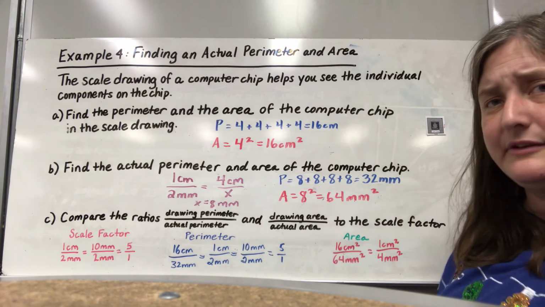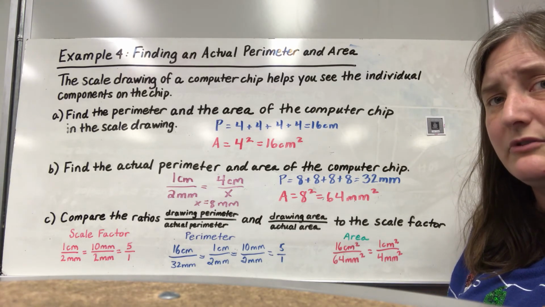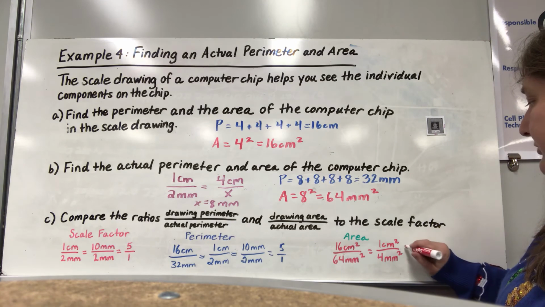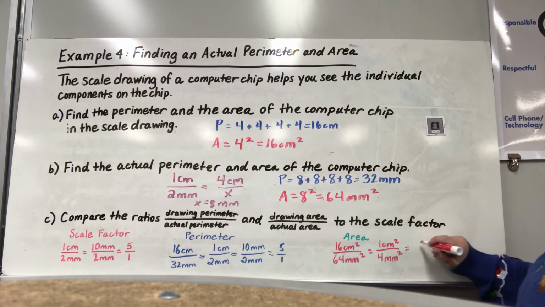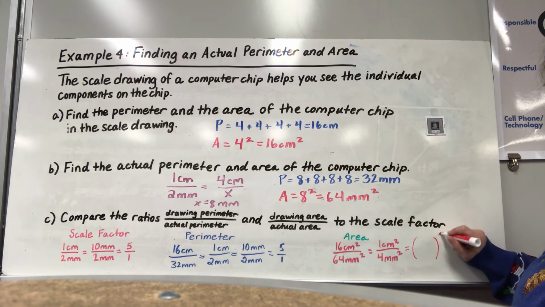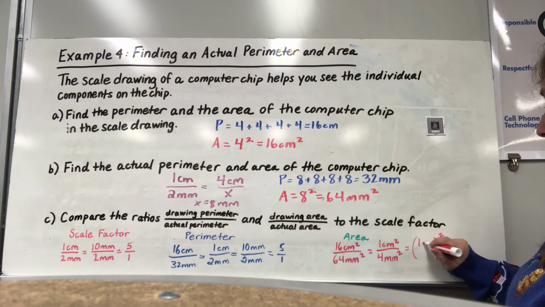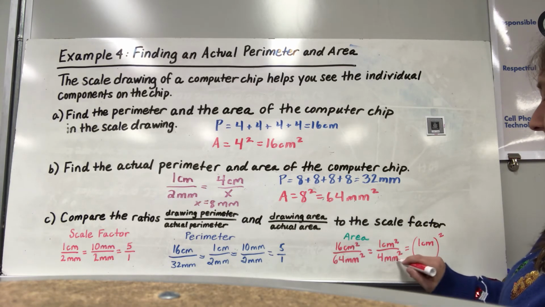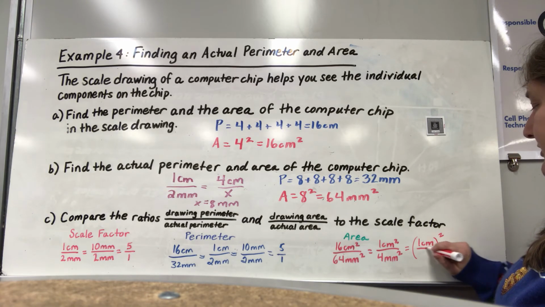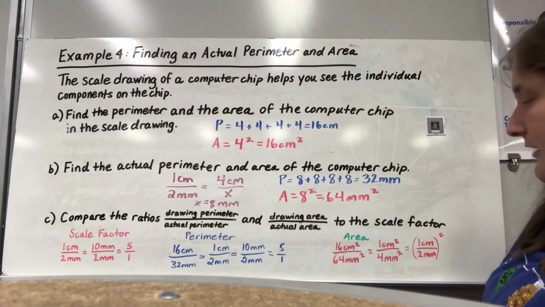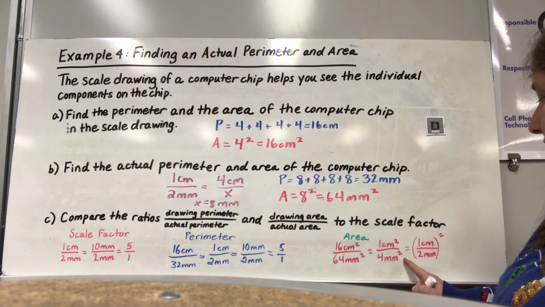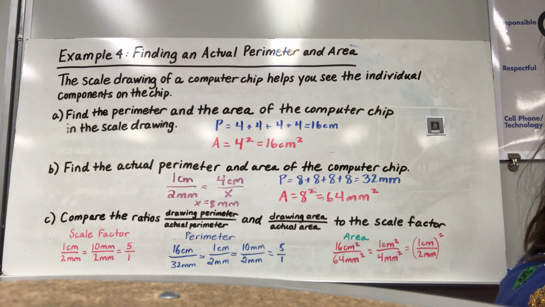Now, area is a little bit different because area is a measurement squared. So we want to take out this squared. If I take out the squared, 1 times 1 would still give me 1 centimeter squared. So this one isn't going to change. But if I take out the squared here, this had to be 2 times 2, because 2 times 2 would have given me my 4 millimeters squared.